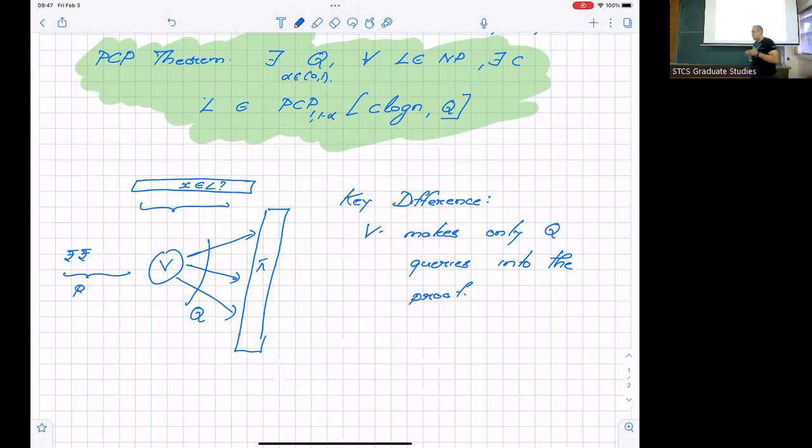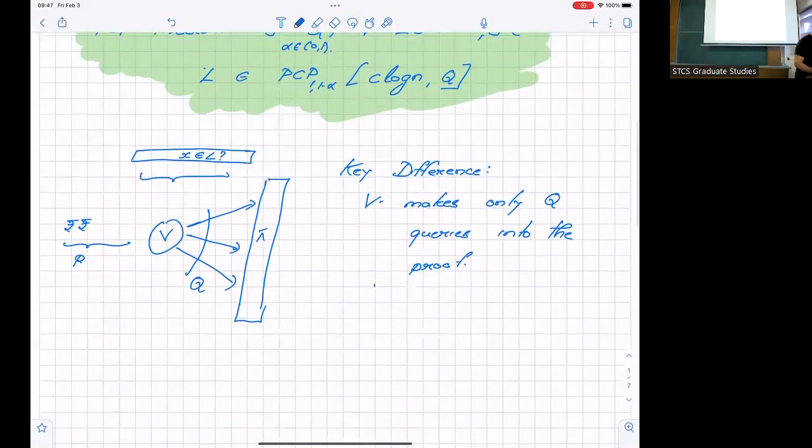It says that you can write this proof in such a way that proof verification becomes extremely trivial. You just need to look at a few locations and be convinced that the proof is correct, with high probability, of course. The cost for this is the randomness invested: it's a randomized verifier instead of a deterministic verifier.